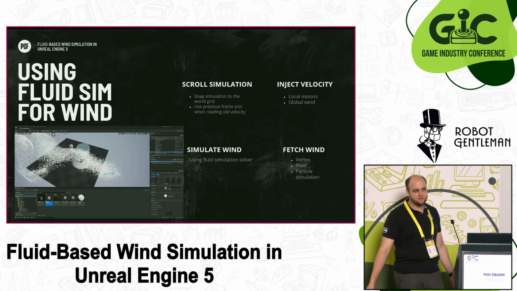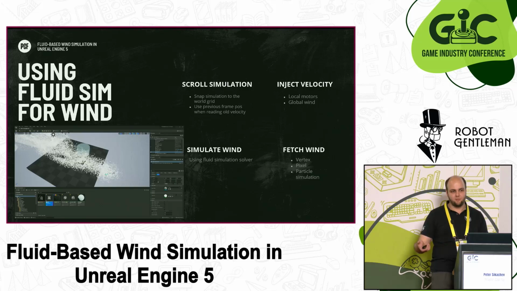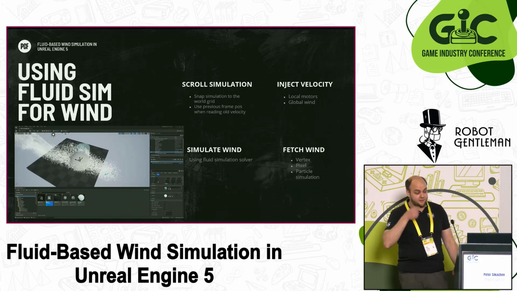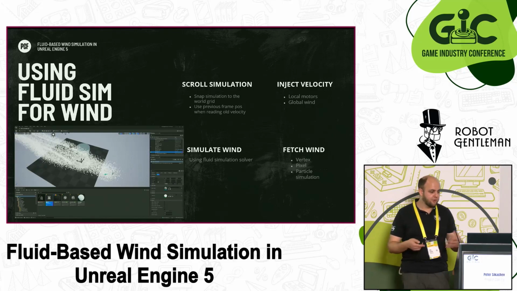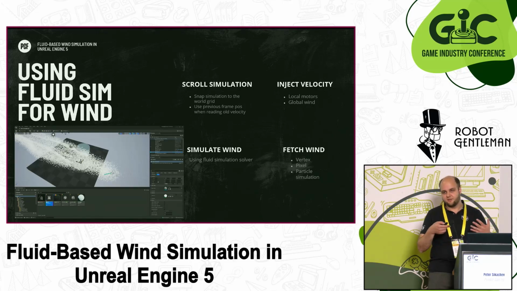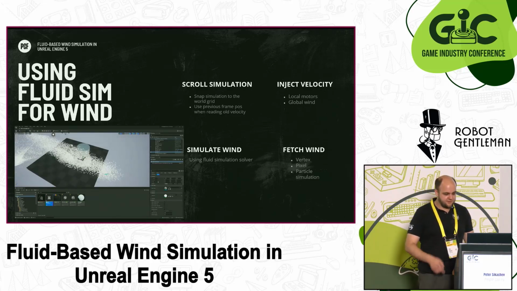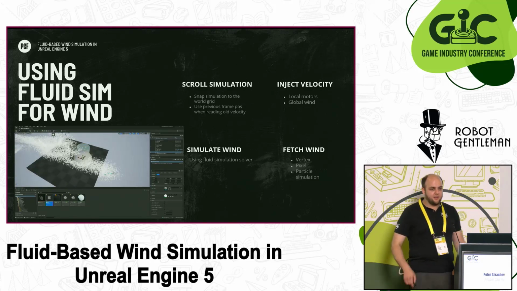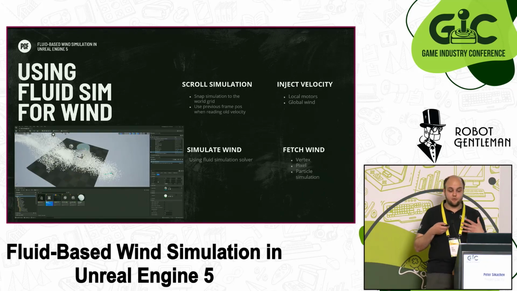The idea is that you want to simulate fluid in some limited space because you have limited resources, and then you move it with your camera because you are not that interested in something farther than a certain distance. Then, during the simulation, you need to figure out how to inject velocity.